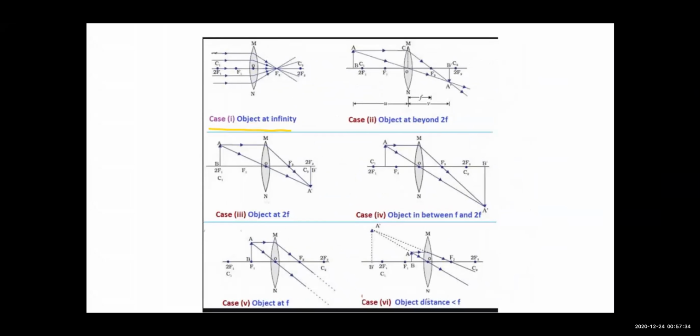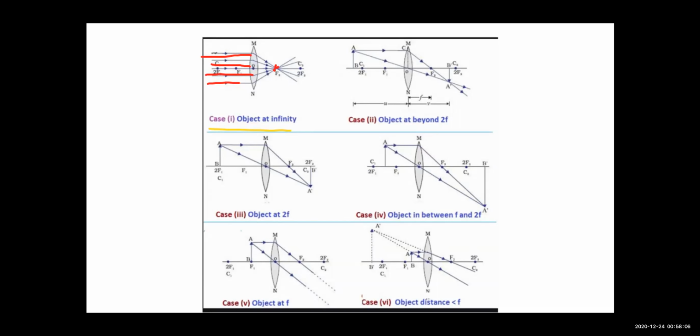So the rays that are coming from an object at infinity are parallel to each other. And we know, children, that rays which are parallel to each other, after refraction, meet at a point, and the point is F1. So the image of an object at infinity is formed at a point on the principal axis, and that point is the principal focus, shown here by F2, right beta?